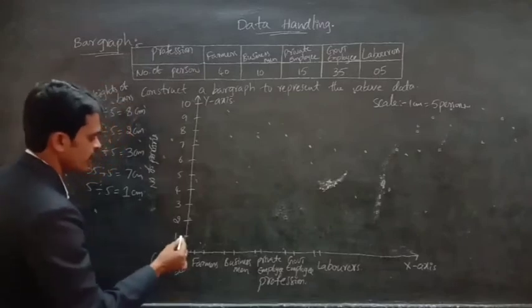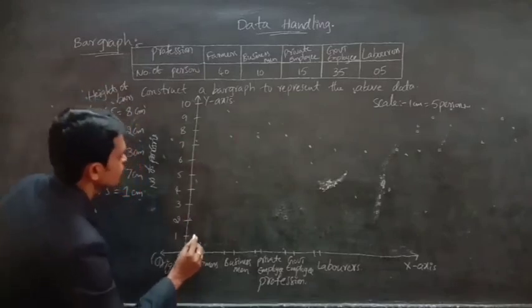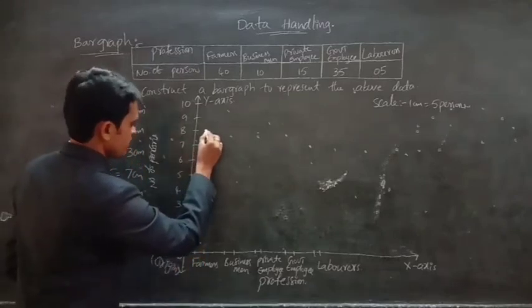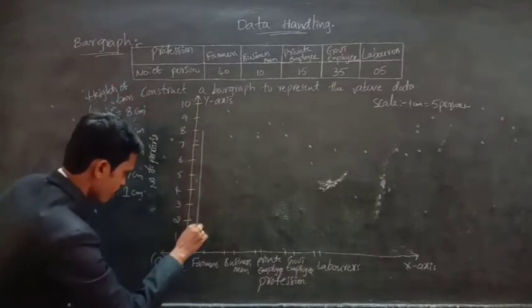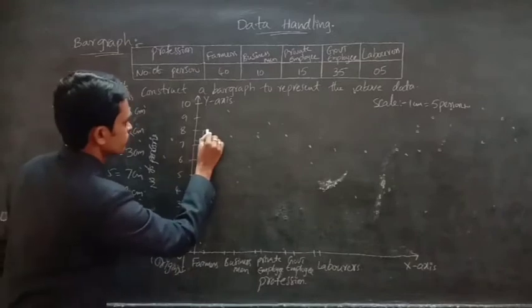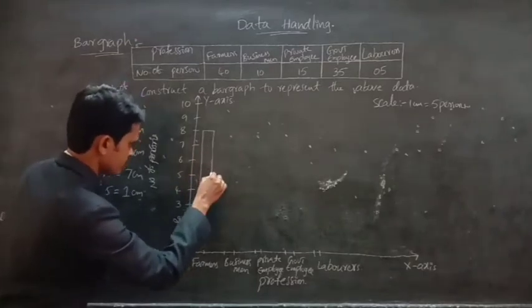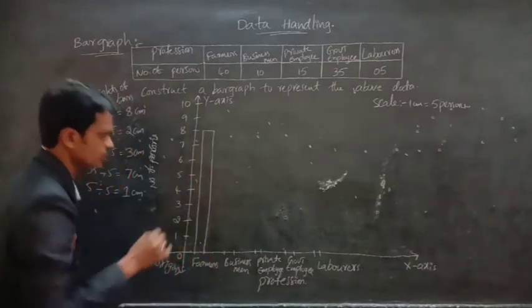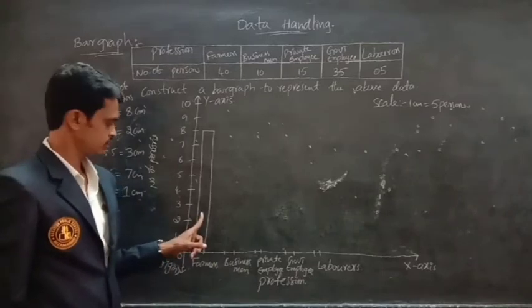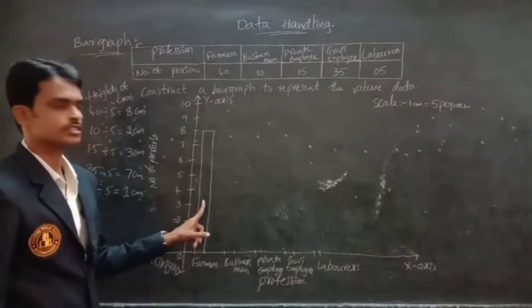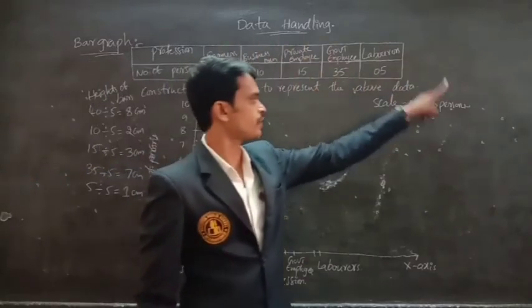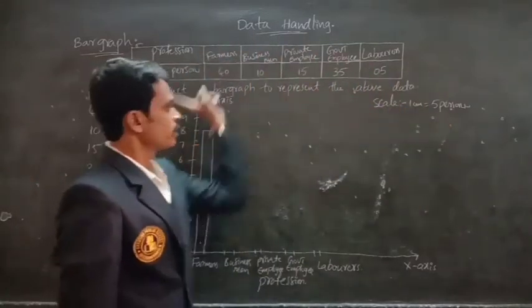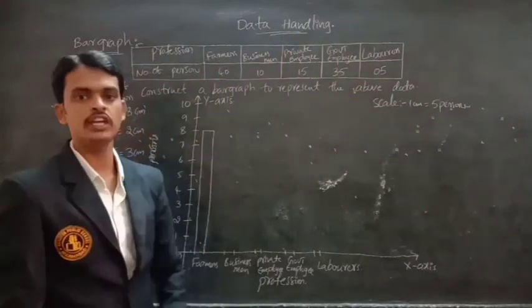So let us draw the height of the bar up to 8 centimeters. Like this we should draw the bar. That is farmers, 8 centimeters. 1 centimeter is equal to 5, then 8 times 5 is 40.